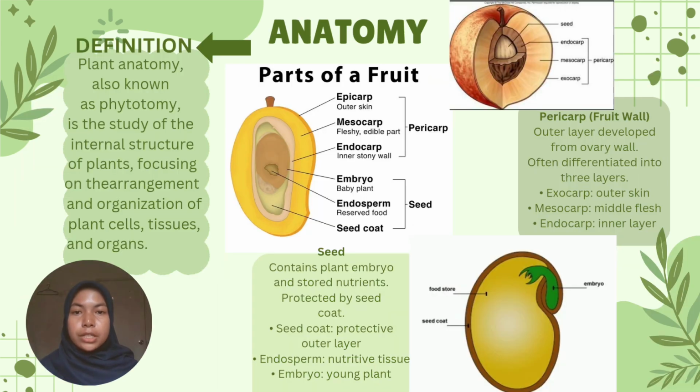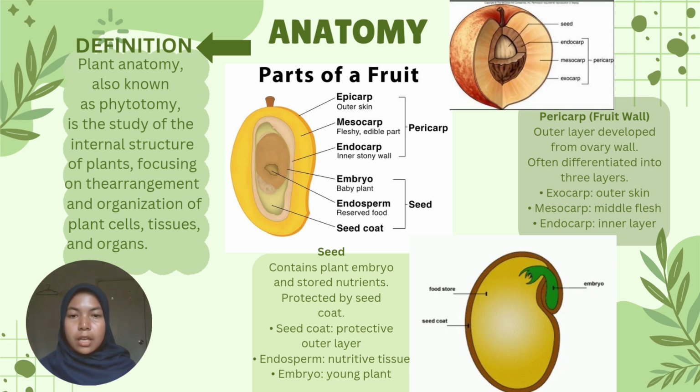Anatomy. A plant's anatomy, also known as phytotomy, is the study of the internal structures of plants, focusing on the arrangement and organization of plants' cells, tissues, and organs. Parts of a fruit: the seed contains the plant embryo and stores nutrients, and is protected by the seed coat.